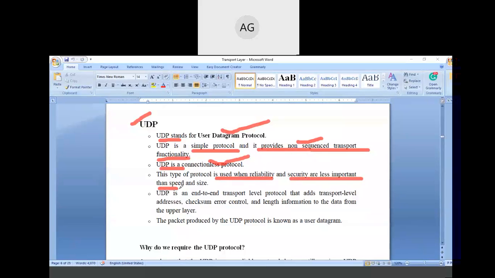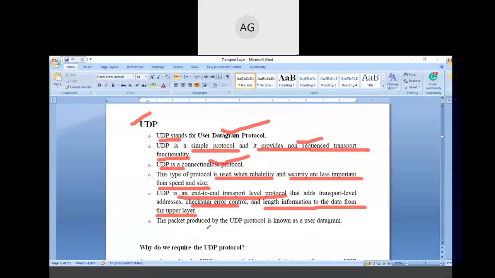So it means that it is a very fast protocol, but it does not support very much security and it is not very reliable. UDP is an end-to-end transport layer protocol that adds transport level addresses, checksum error control, and length information to the data from the upper layer. So these are its characteristics.